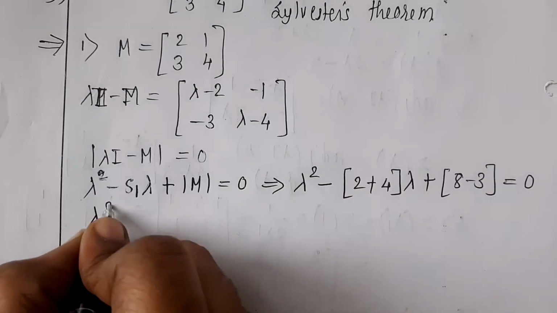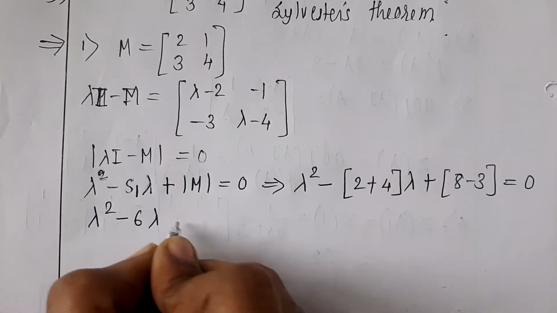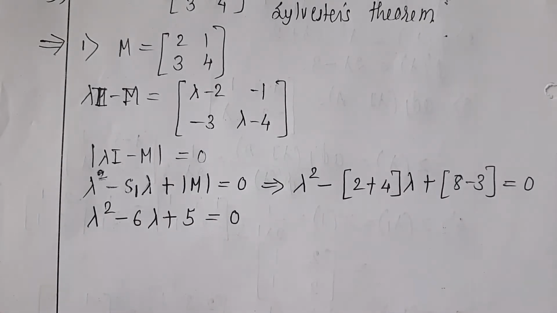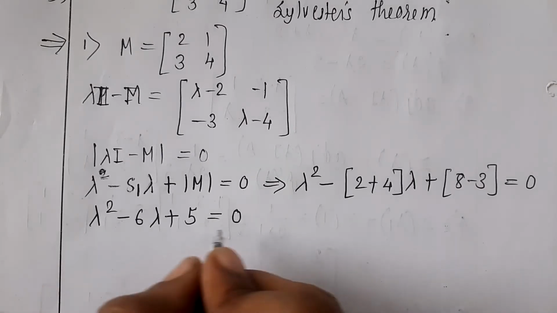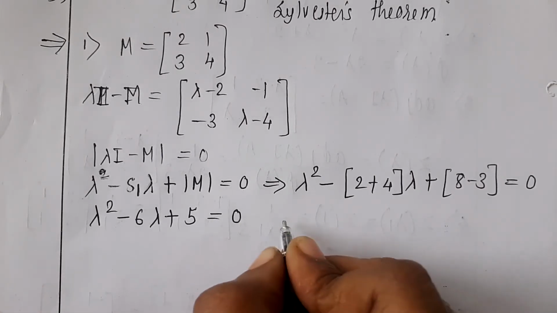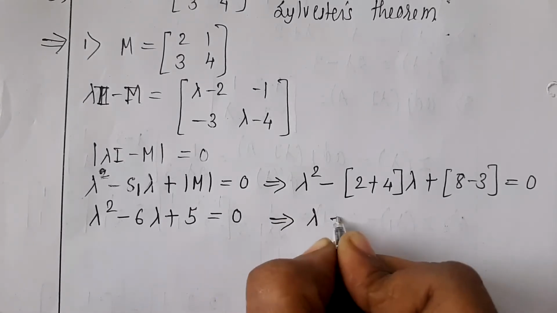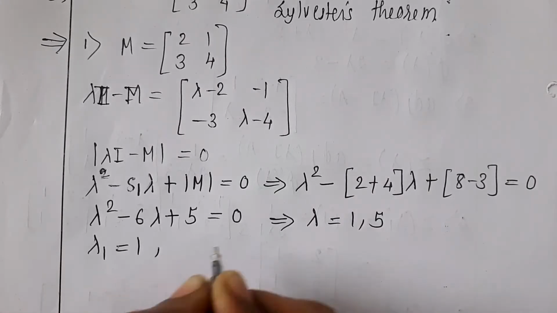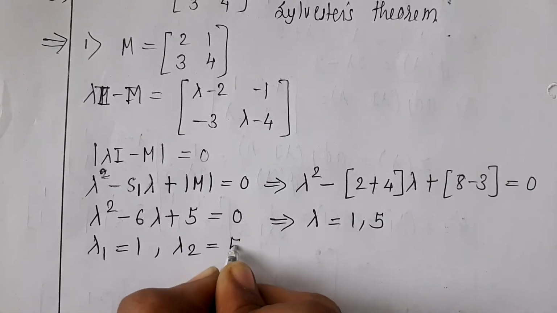So lambda square minus 6 lambda plus 5 is equal to 0. So this is lambda minus 1 and lambda minus 5. So we obtained lambda equal to 1 and 5. Lambda 1 is equal to 1 and lambda 2 is equal to 5.